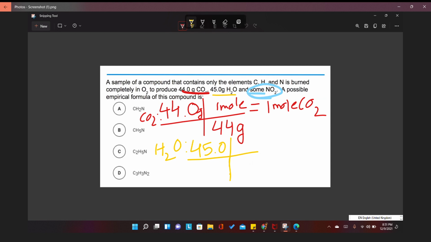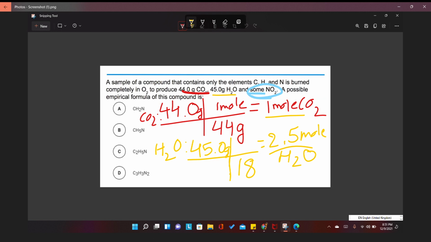And then we will use the molar mass of H2O, which is 18, which would equal 2.5 moles of H2O. Now, keeping in mind these two numbers, we will determine what is going on here.